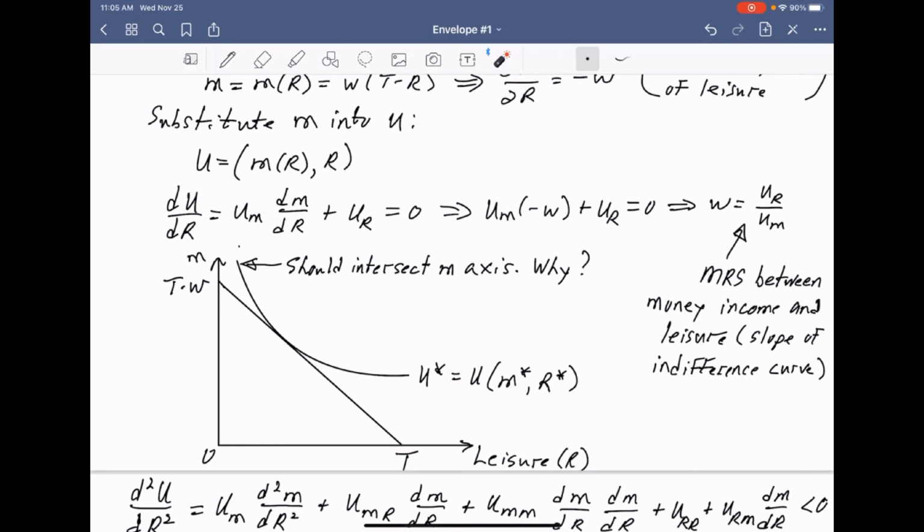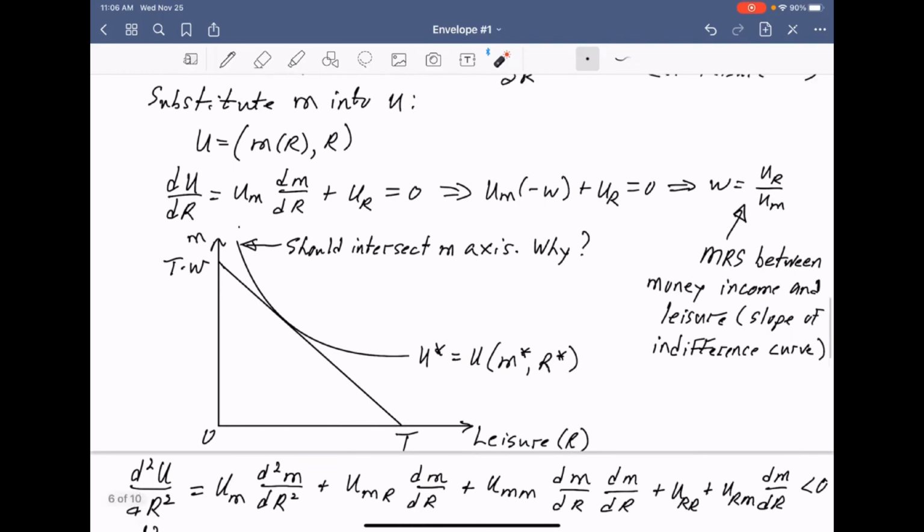Now this indifference curve should intersect the M-axis. Why? Well, the reason is rather simple. You cannot live without any income. You have to have some amount of income. You can do without leisure, and that implies that this indifference curve does not need to intersect the leisure line, but it does need to, somewhere up here, intersect the income line.